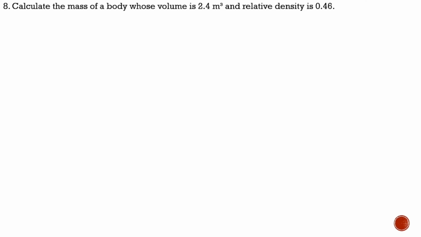Calculate the mass of a body whose volume is 2.4 meter cube and relative density is 0.46. Okay, so we know that relative density is equal to density of substance with respect to density of water at 4 degrees Celsius. We know the density of water at 4 degrees Celsius is 1000 kg per meter cube, or 1 gram per centimeter cube.